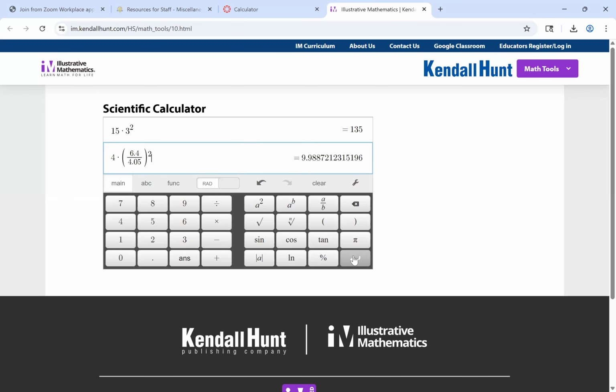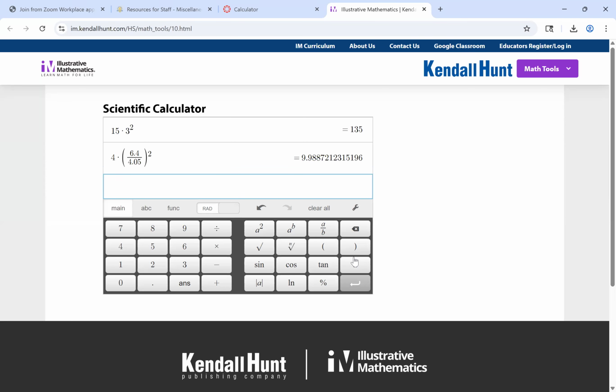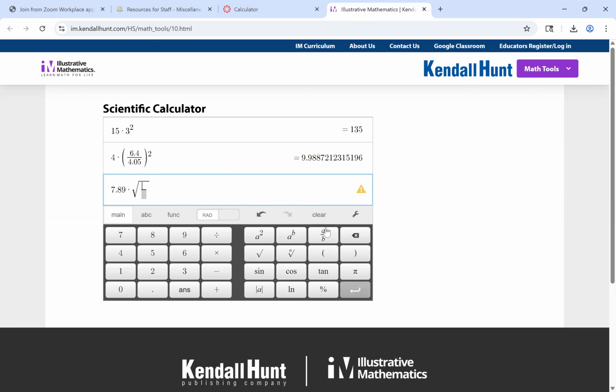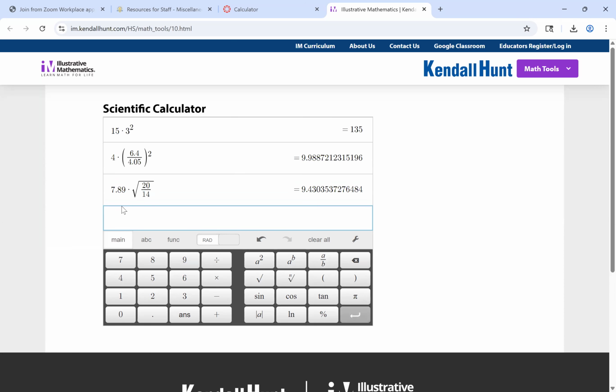Okay, so I'm going to press enter. I go to a new question here. 7.89 times, I have a square root, and inside the square root I have a fraction, 20 over 14. Press enter. So just keep an eye, 7.89 times the square root of 20 over 14. Good.